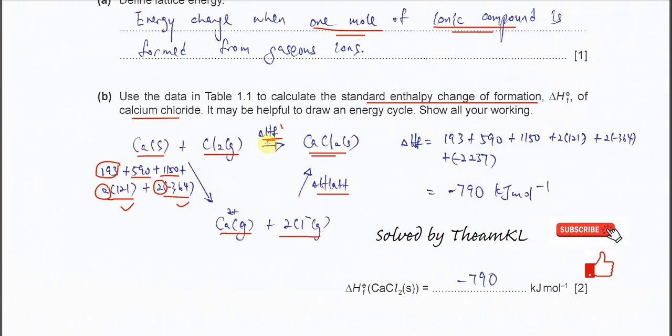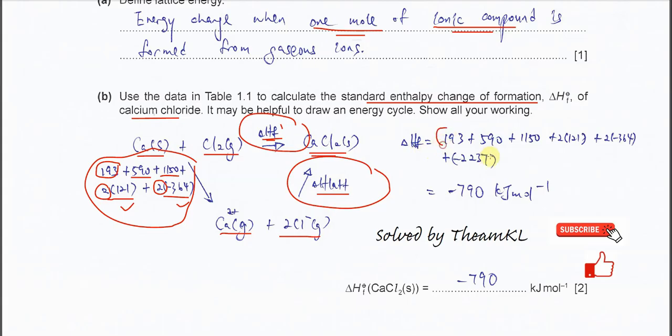So we know that this is the energy cycle. This enthalpy plus this enthalpy is equal to this enthalpy. So therefore we have this calculation. Delta H formation is the sum of the first pack of energy and the second pack of energy.